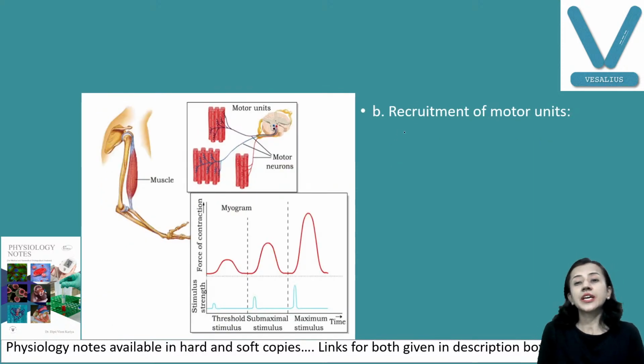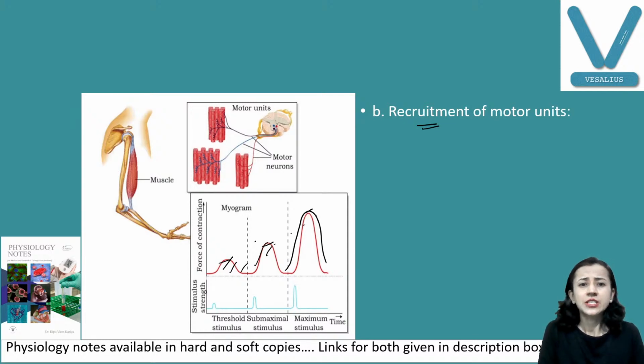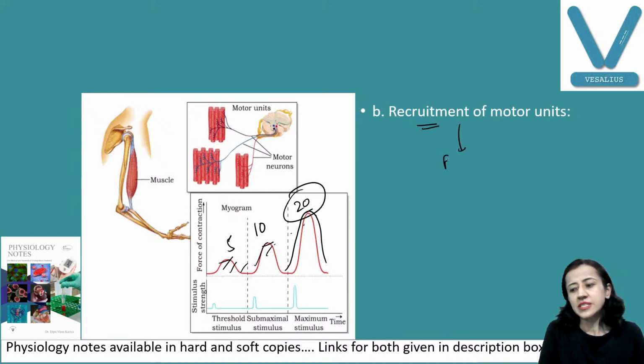Second is recruitment of motor units. You can see here, when the stimulus is threshold, then submaximal, then maximal, more and more motor units are recruited, so the response increases. Suppose here 5 motor units are used, then 10, then 20, so the response increases.